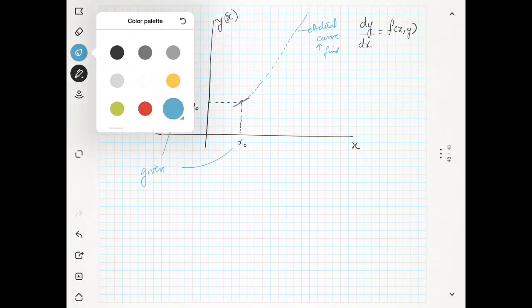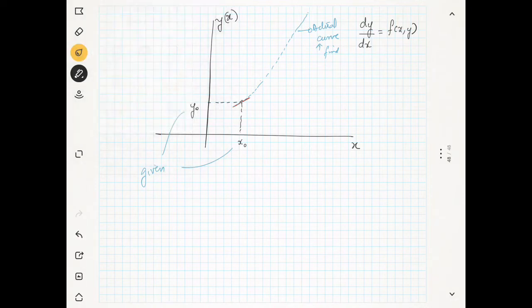Now we are approximating the curve in the neighborhood of x naught y naught with a straight line in Euler's method.